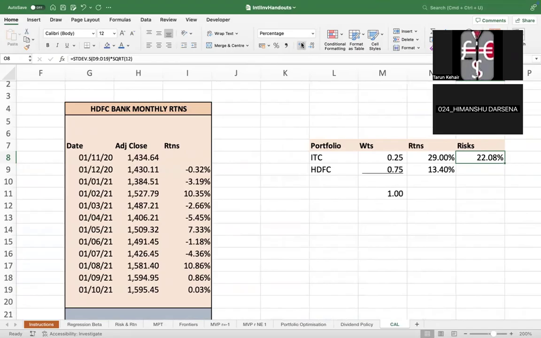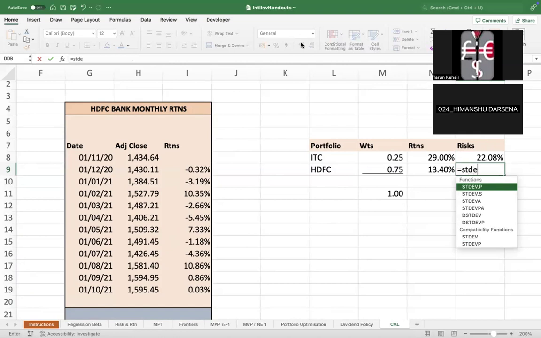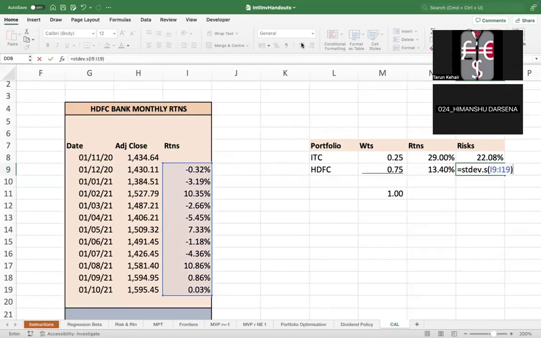So we don't multiply with time period in case of risk, we multiply with root of time period. So that's what I did. I multiplied with root of 12. Same way for HDFC, we take the entire standard deviation and multiply it with root of 12.